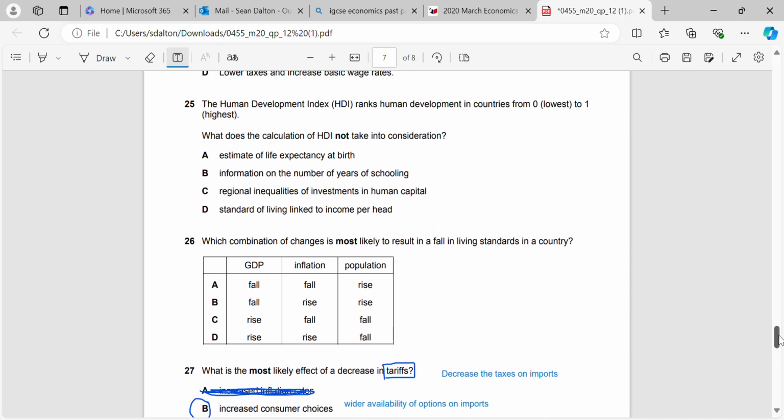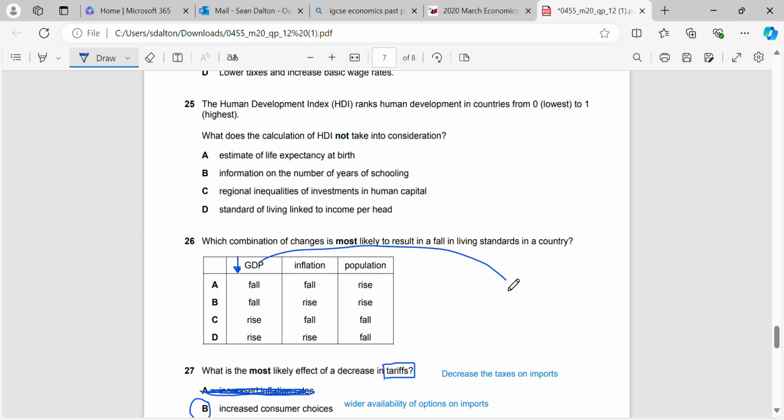Question 26. What combination of changes is most likely to result in a fall in living standards in a country? We need to think about what these three measure. For GDP, we're looking for a fall in GDP. Why is that?